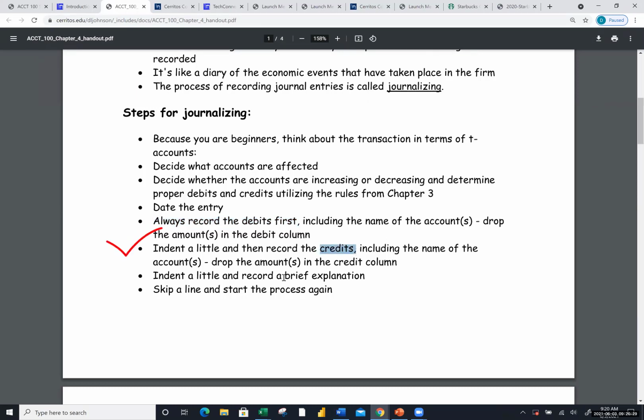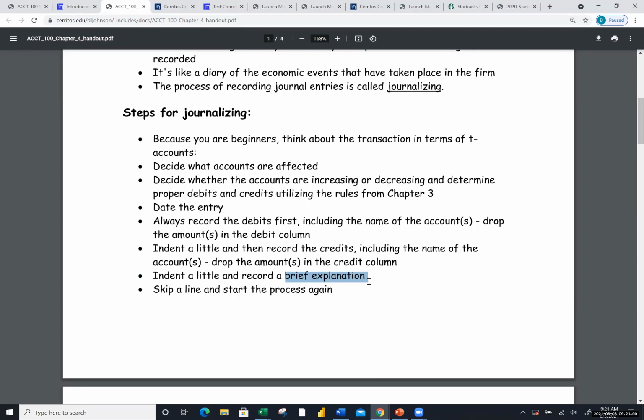And then we want to put a brief description about what's happening in that transaction, remembering that this is a historical document. So you're going to include any type of source documents. And when I say source documents, I mean if there's an invoice related to the transaction, maybe we got a phone bill, we would put maybe an invoice number, or we might put something like June's phone bill, or we might put payment to T-Mobile for June.